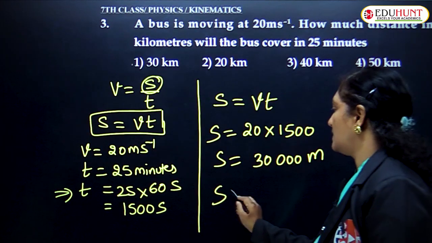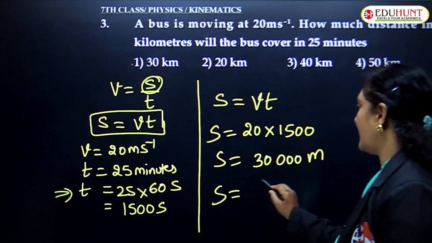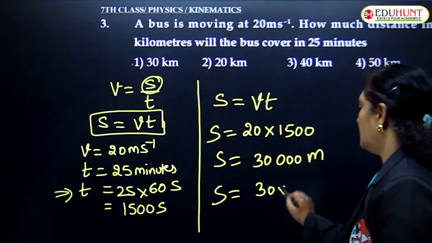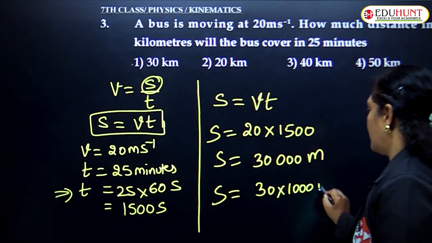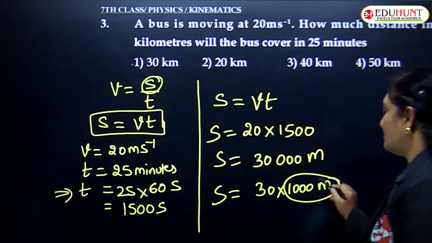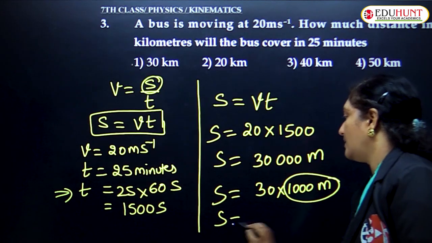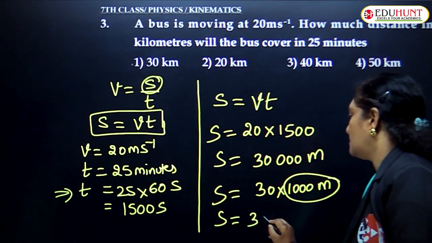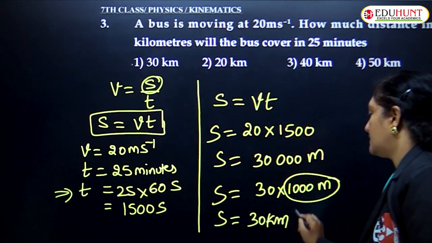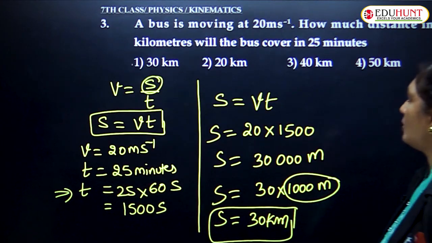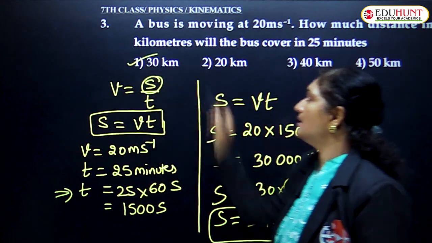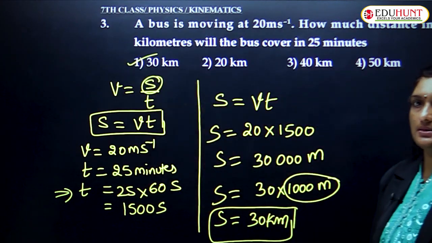So this can also be written as 30 into 1000 meters. But every 1000 meters make 1 kilometer. Hence, the distance covered by the object is 30 kilometers. Hence, your right option would be the first one, that is 30 kilometers.